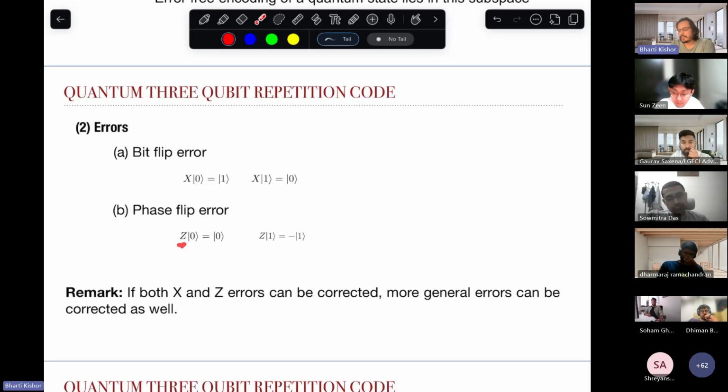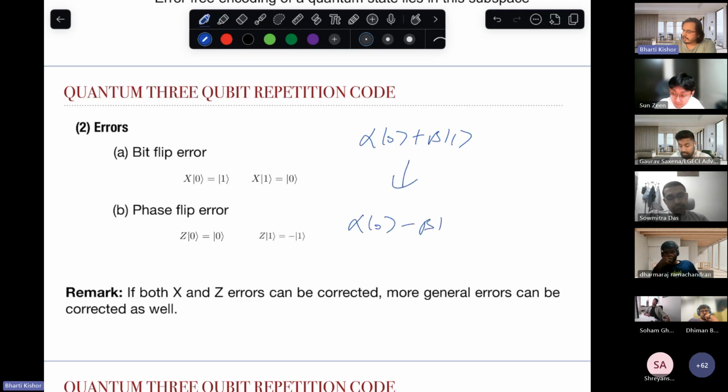But you also have a phase flip error, which acts like 0 going to 0, but 1 going to -1. So if we have some state like alpha 0 plus beta 1, under phase flip it will go to alpha 0 minus beta 1. Under bit flip, it will go to alpha 1 plus beta 0.